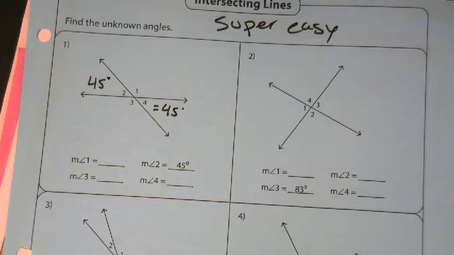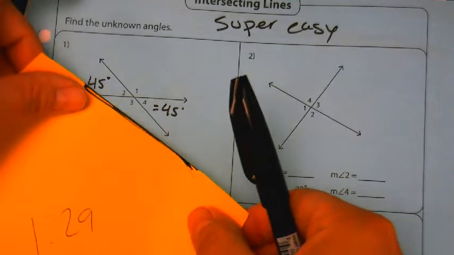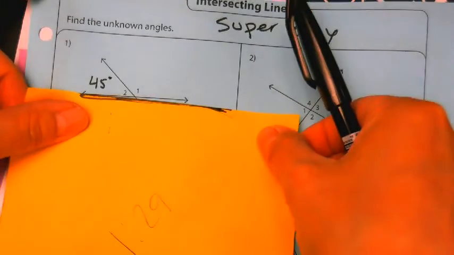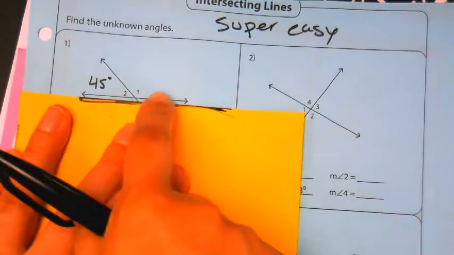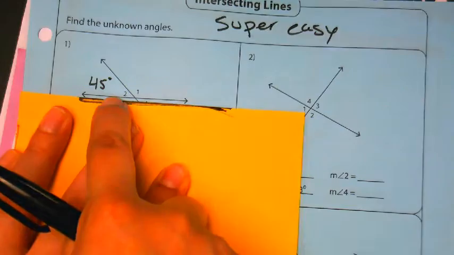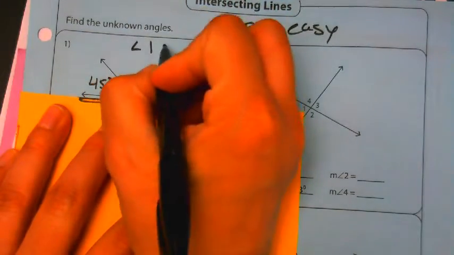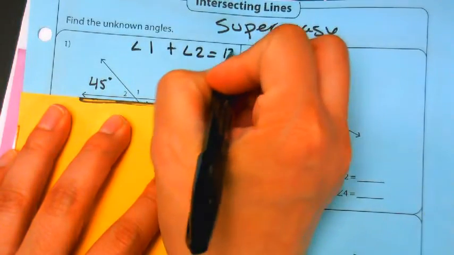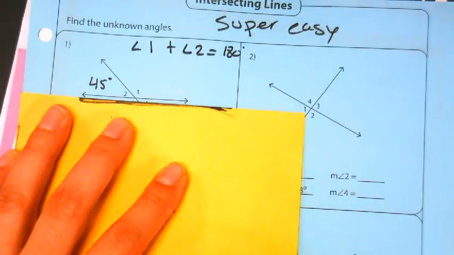When they are vertical, they are equal to each other. Okay? Now, how do I solve for angle 1 and/or angle 3? You look at them as supplementary. Do you see how angle 1 and angle 2 make a straight line? So angle 1 plus angle 2 is equal to 180 degrees. Well, what do I know?